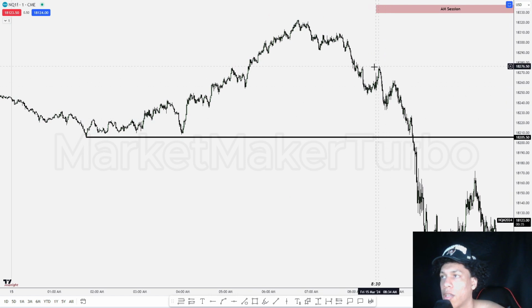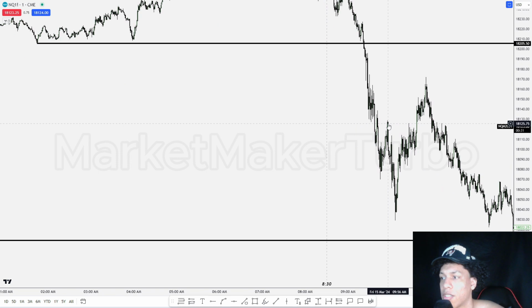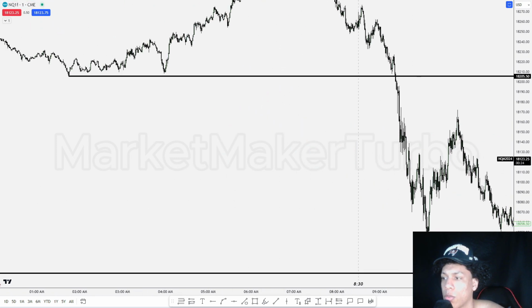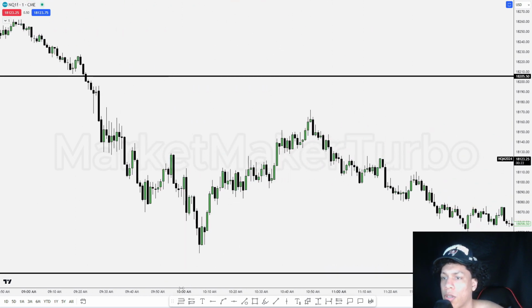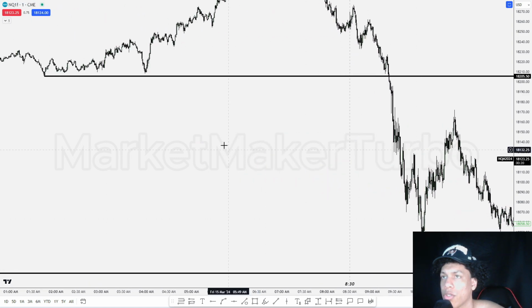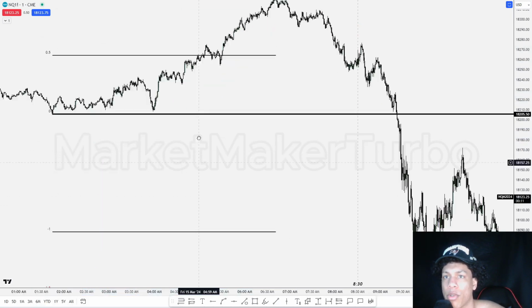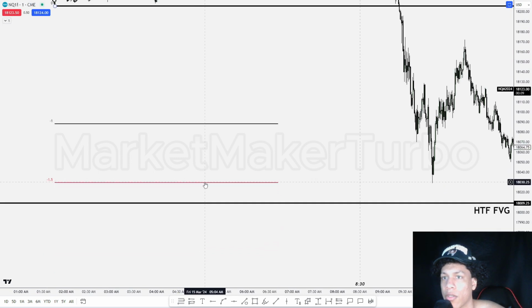If you can get in around the open, you can ride this down using the macro for best case scenario to get to your objective, and eventually it hits it here. So coming for the macro, you're going to have to be very careful with what you do, and also taking this price point from this high to that low, and projecting it down, you'll get this level here.